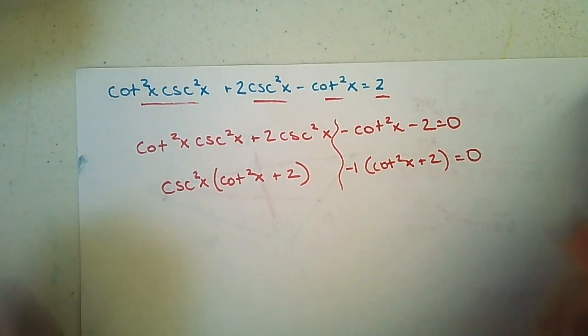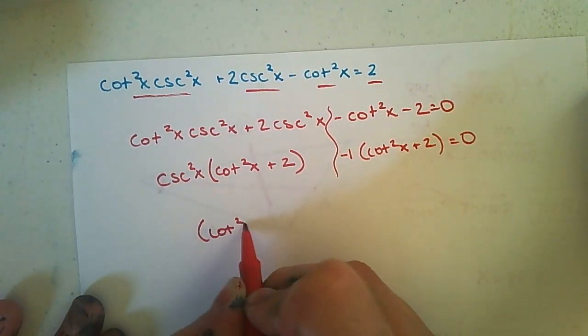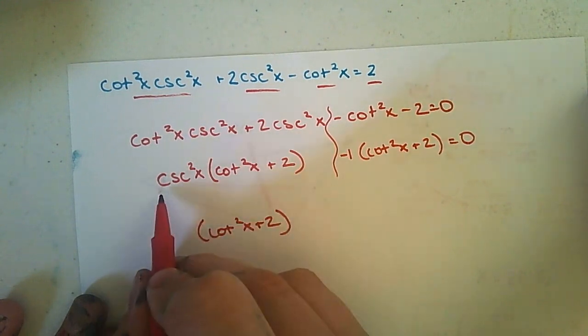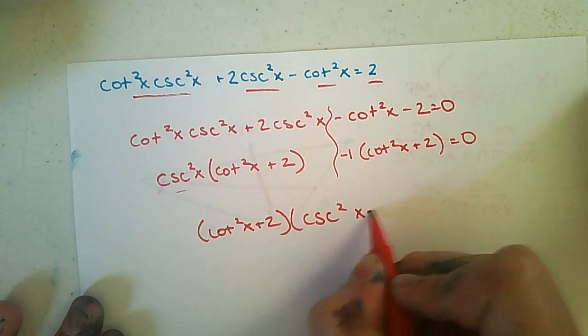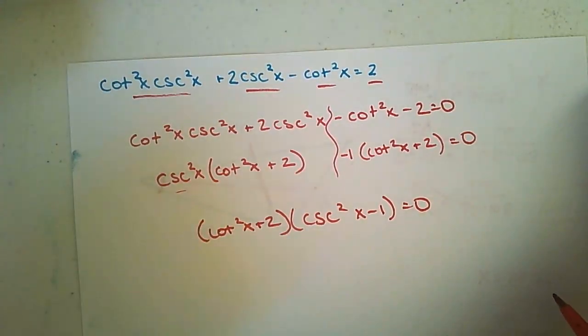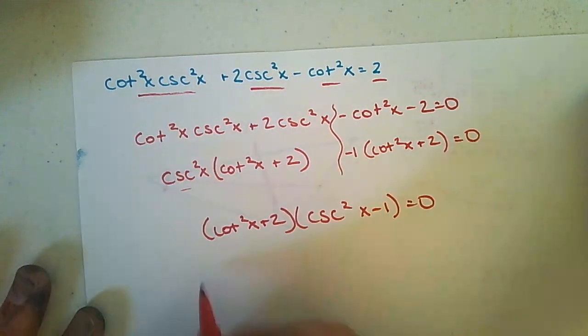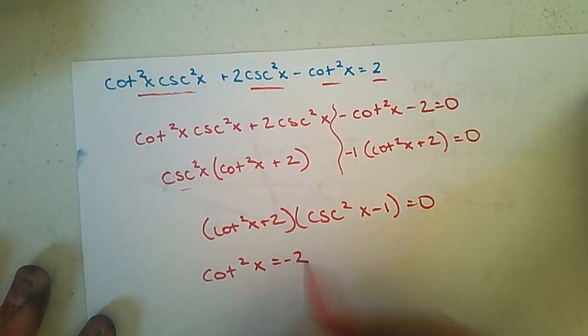So my two factors, I have a cotangent squared plus 2, and I also have a cosecant squared -1 as well. All right, let's go ahead and set both of these equal to 0 and solve then.